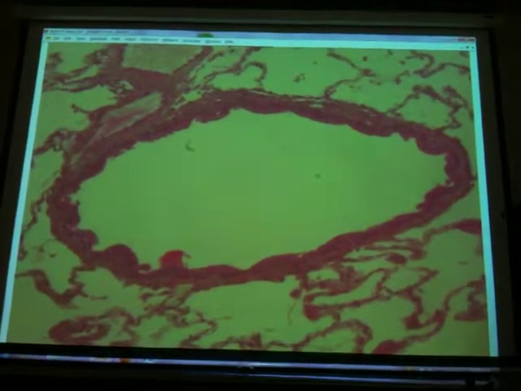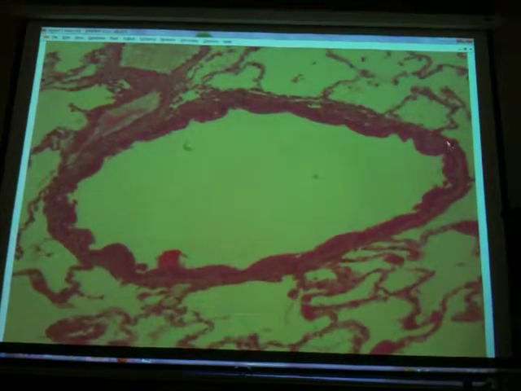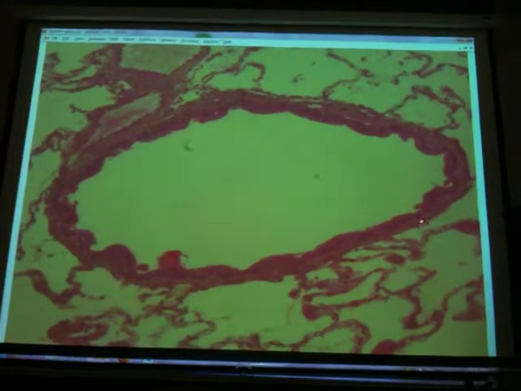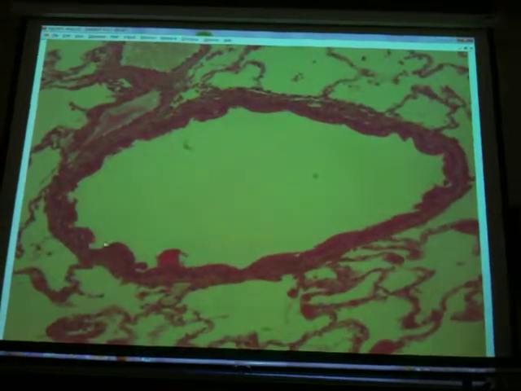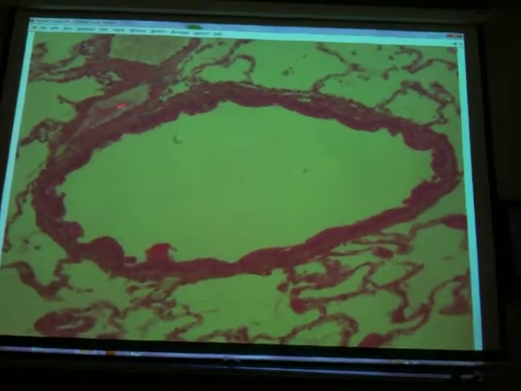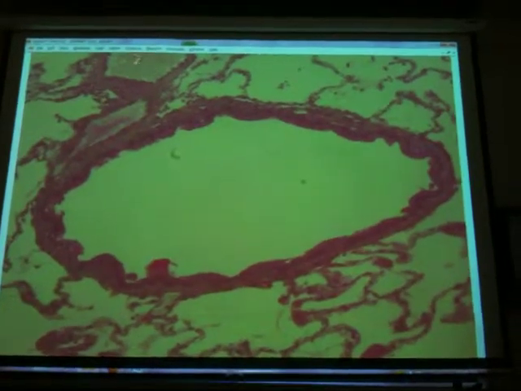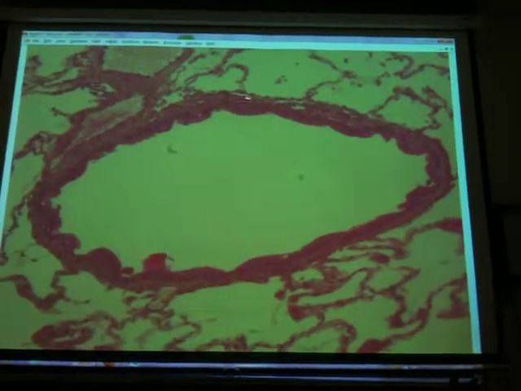This is low power, so it might be hard for you to pick it up, but I do see smooth muscle, and that's looking more or less continuous in the wall. This is a blood vessel. Now, if you're unsure, you can go to high power.